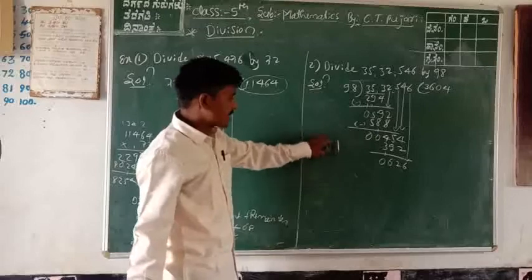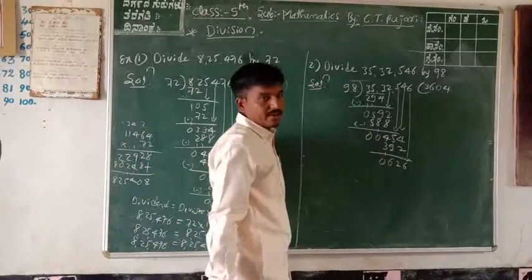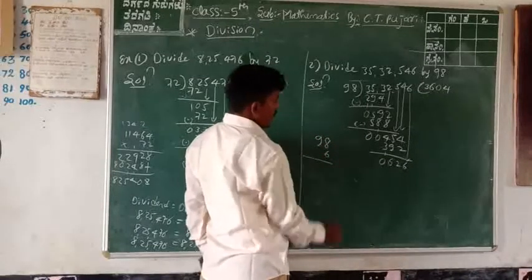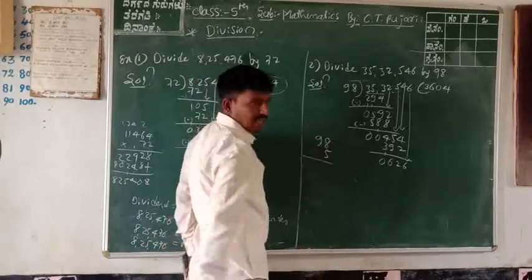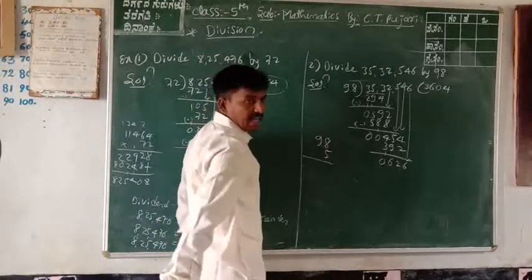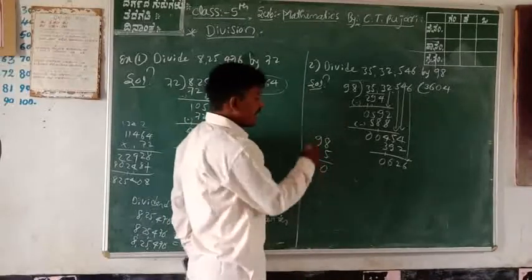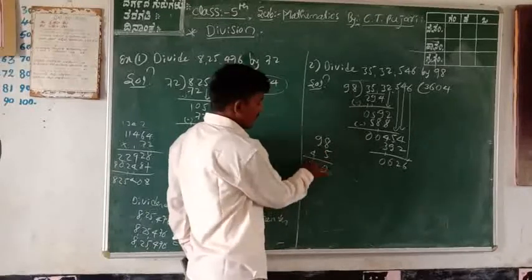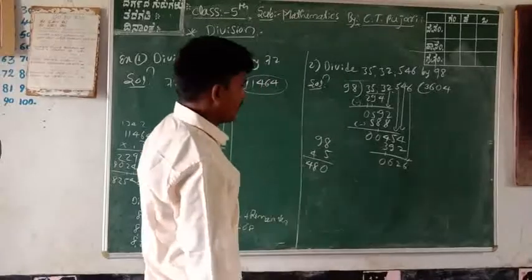Therefore, again the last multiplication, 98 nearest to 626. Therefore, 98 6s or otherwise 5s. 5 8s are 40. 5 9s are 45. 45 plus 4 is 49.